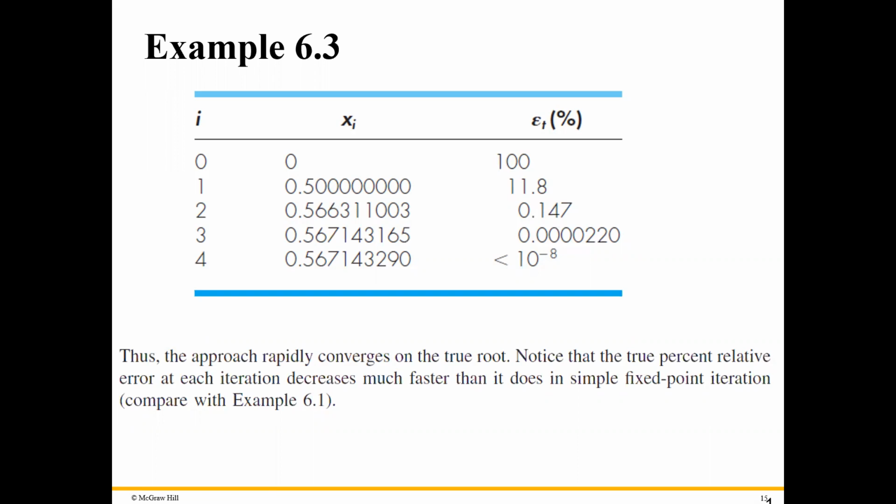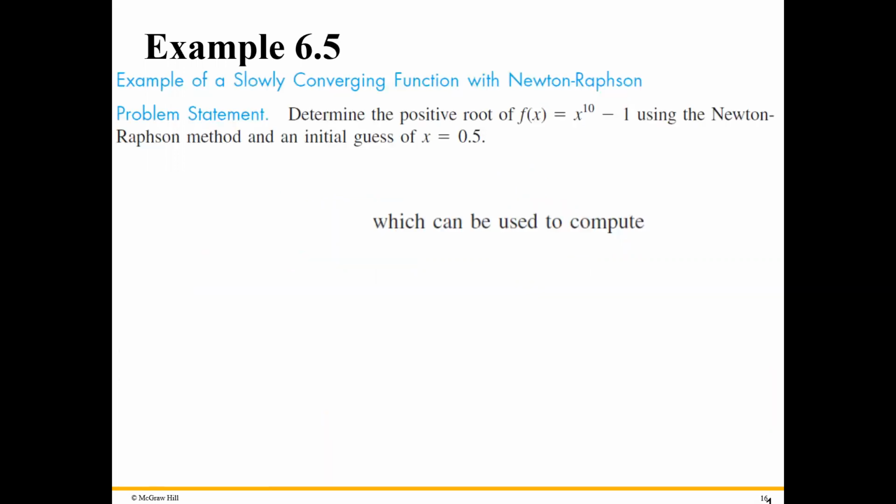However, this method may fail sometimes. Let's see one example. Determine the positive root of x to the power 10 minus 1 equal to 0 using the Newton-Raphson method and an initial guess of x equal to 0.5.